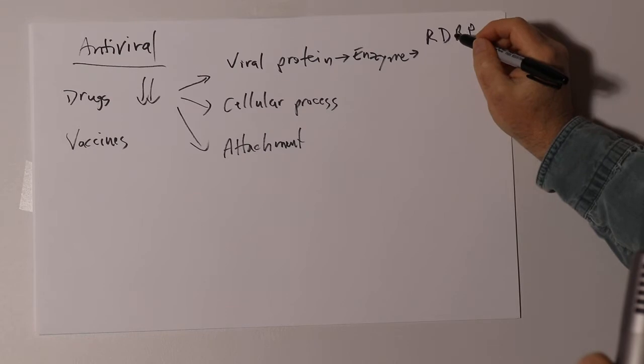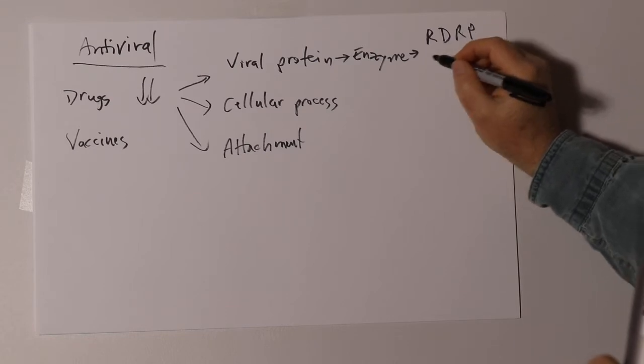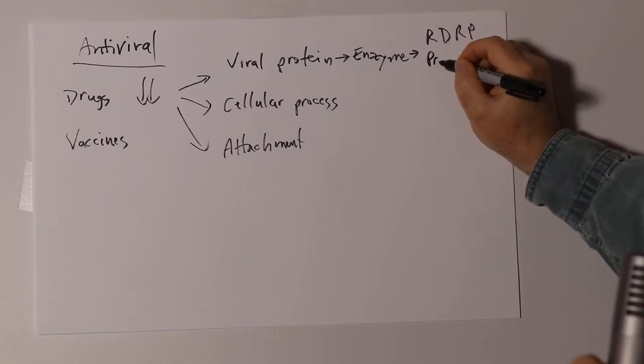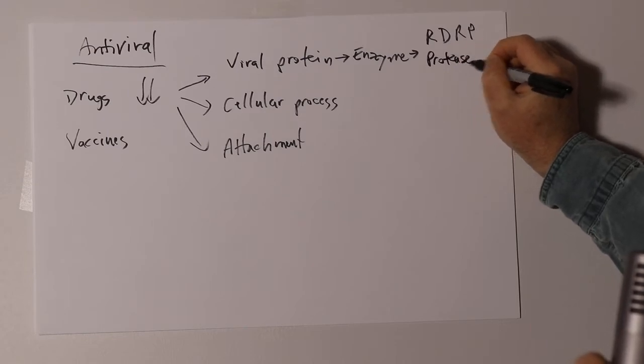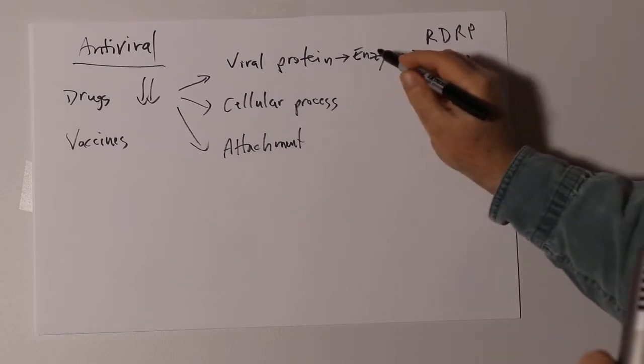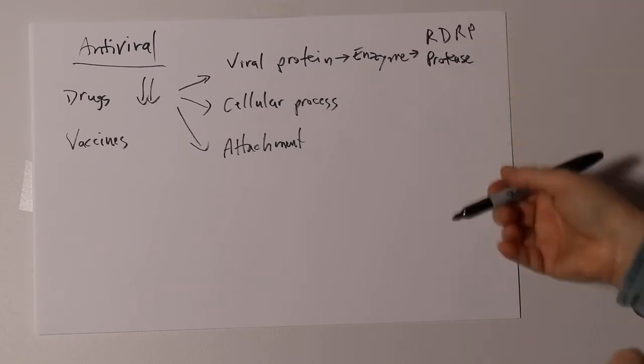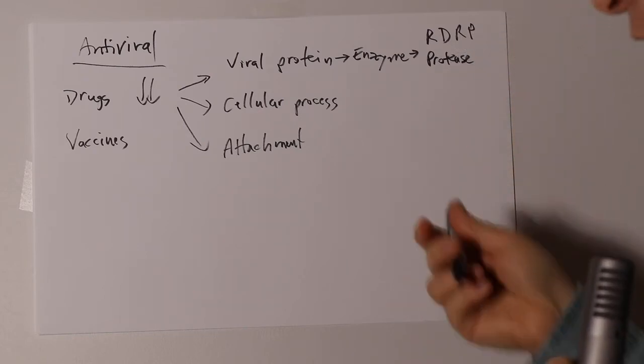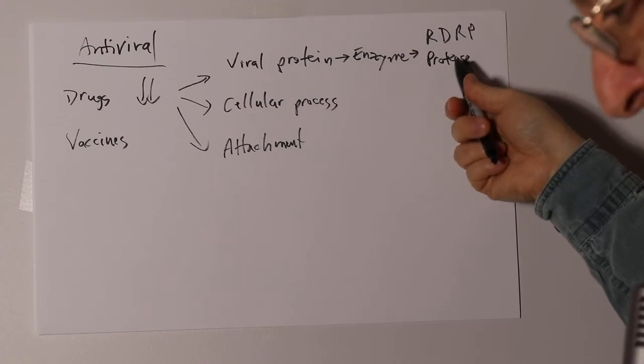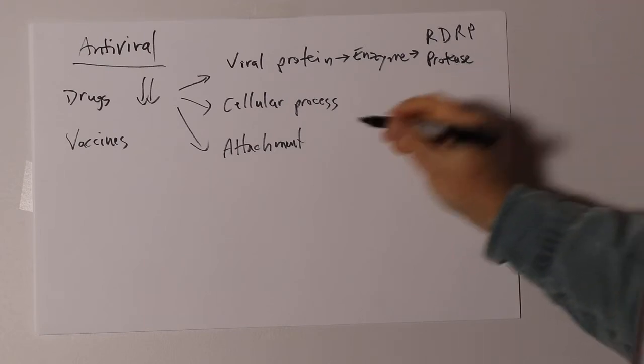So if you can come up with something that's specific to that, that's good. And another is the protease, because even though we have lots of proteases in our cells also, the COVID viral genome encodes a protease activity that's necessary for the maturation of other viral proteins. And so that's a potentially specific target.